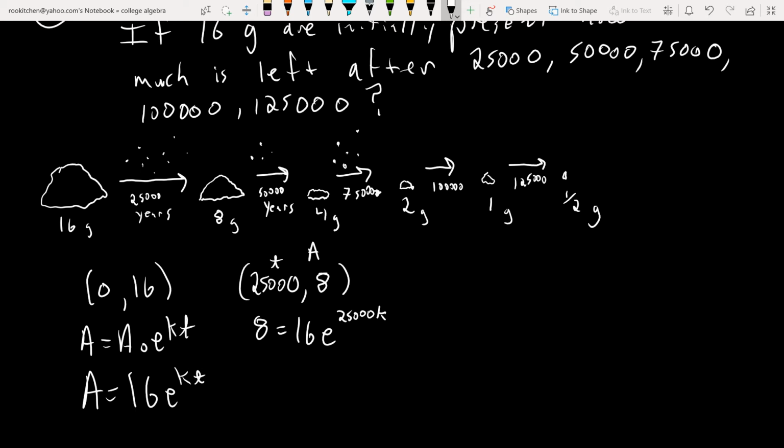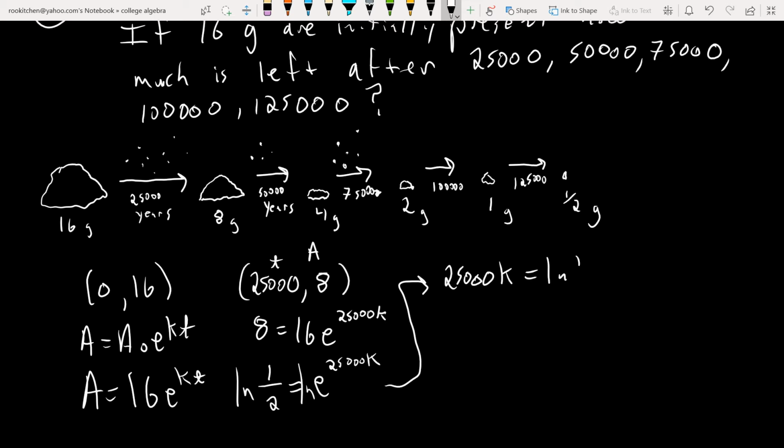So you divide both sides by 16. There's 1/2, like half-life. You have e to the 25,000 k, and then you take the ln of both sides, and you end up with 25,000 k equaling the ln of 1/2, and then divide both sides by 25,000.